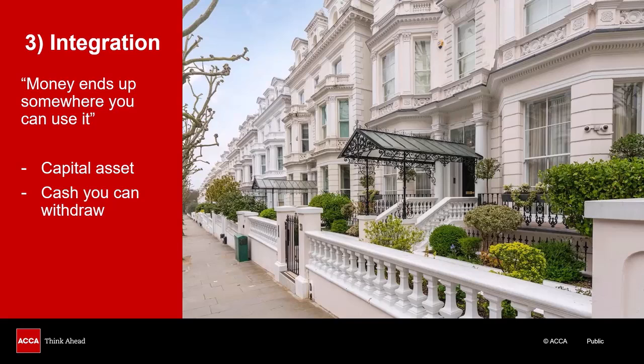Or I get it into a bank account where I can just start drawing the money out and spending it. Although, if I'm going to do all this complicated stuff, I've probably got a significant amount of money. And so withdrawing my millions of dollars as cash probably isn't that realistic. That might raise a red flag. And what I want to do all the way through my money laundering operation is get away with it.